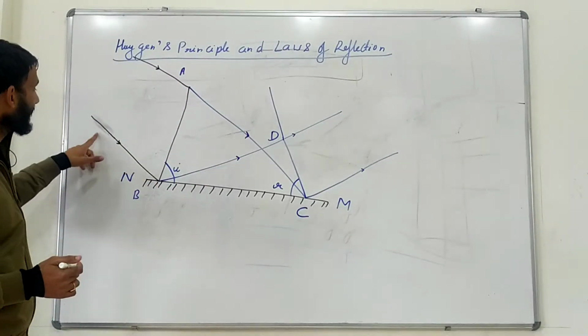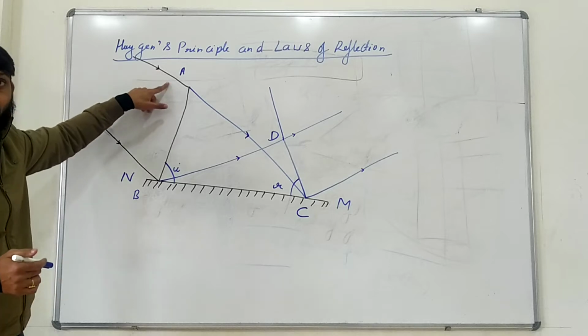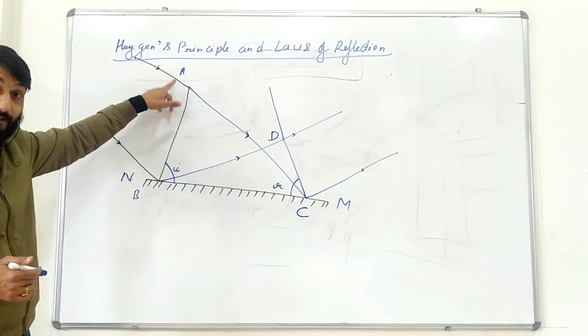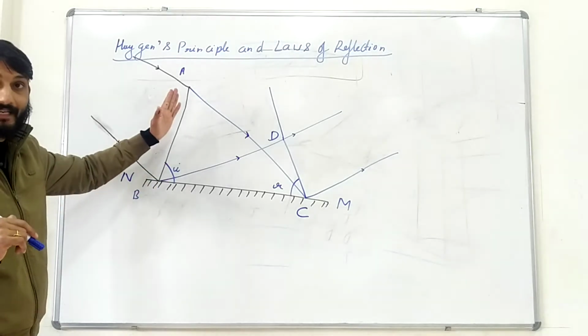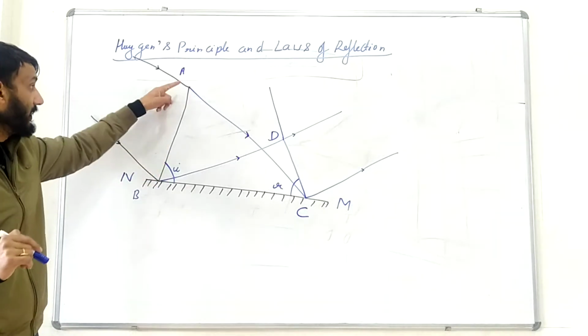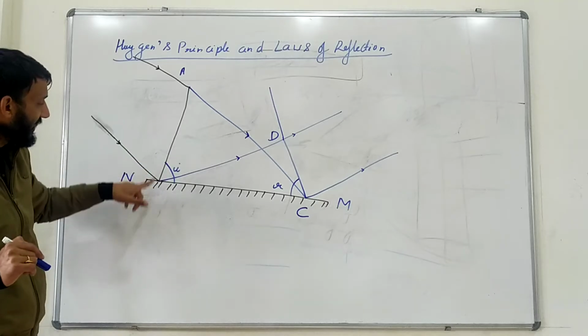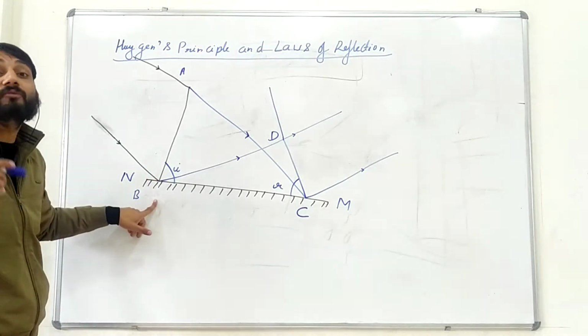Now what are these two lines? These are the rays. Therefore they are perpendicular to the wavefront, which we have already studied in the previous class, that light rays are always perpendicular to the wavefront. So this wavefront AB is striking the mirror. Now how is it going to reflect?